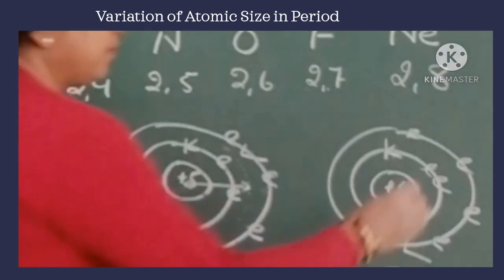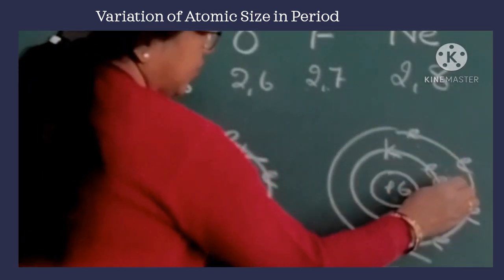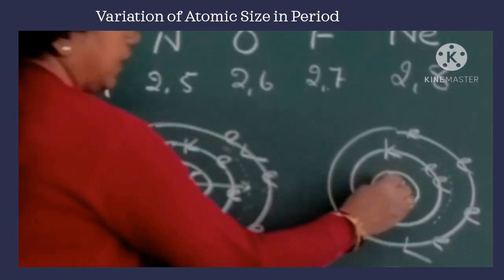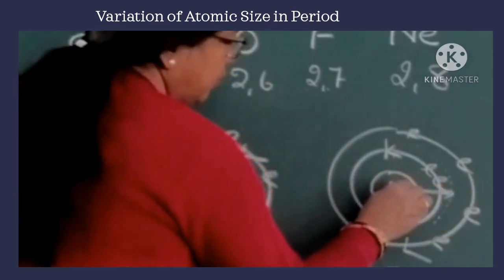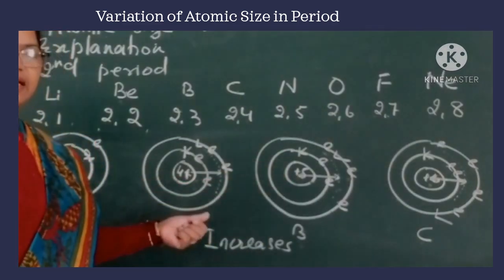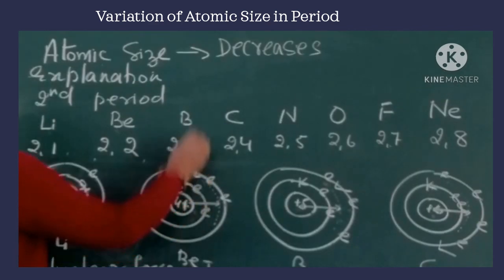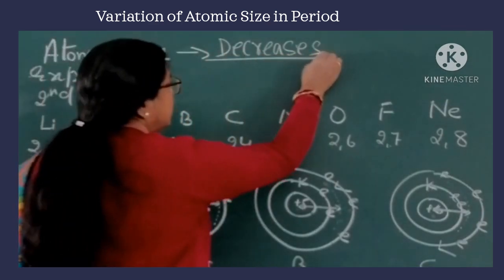Likewise for carbon, the valence electrons are 4 in the same L shell and hence it will come closer. Again here you can see the distance between the center of the nucleus and the valence shell is less. So on moving from left to right, we can see the size going on decreasing.